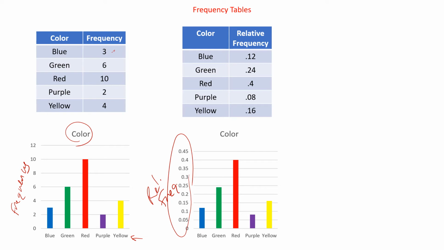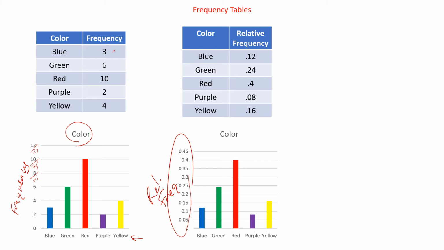But it is identical to the point where we could go back over to this original graph and we could just make this 12 over 25, 10 over 25, 8 over 25, all the way down, and it becomes the relative frequency graph. There is no other change to this.